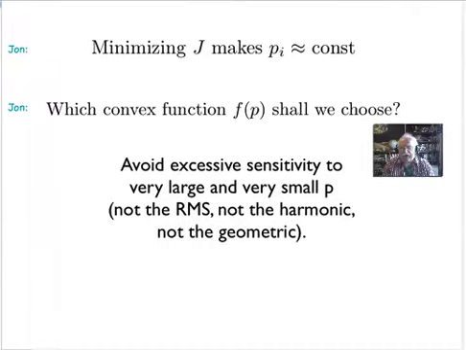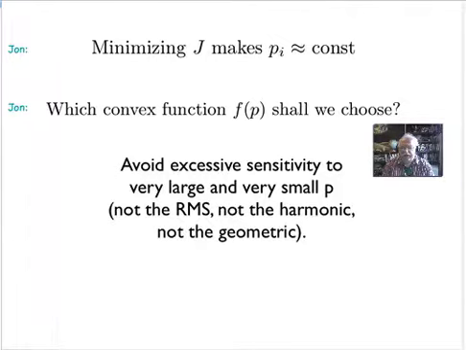Well, we need to avoid excessive sensitivity to very large and to very small data point values, residual values, or whatever data values. We don't want to do squaring, not the RMS. We don't want to do the harmonic mean, which is the average of the inverses. We don't want to use the geometric mean, which is the average of the logs, because the function could be 0, then the log would be minus infinity.